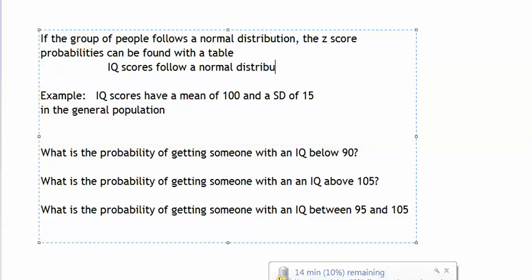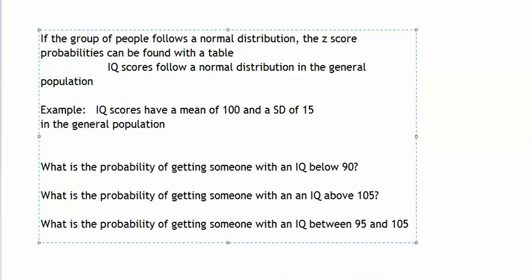IQ scores also follow a normal distribution, and IQ scores tend to be bell-shaped across the people in general.